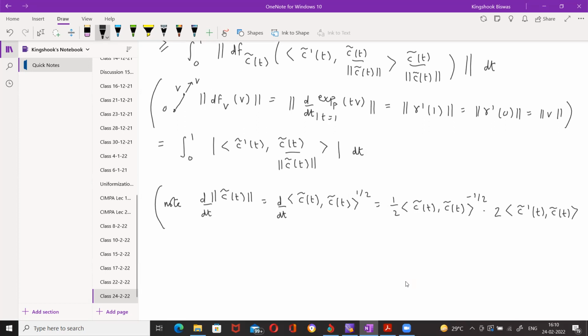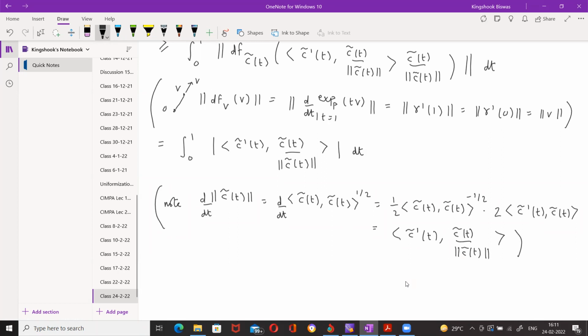The half and the 2 cancel, and this becomes 1 over the norm. So this becomes exactly the inner product of C tilde prime t with C tilde t over the norm of C tilde t. Right?